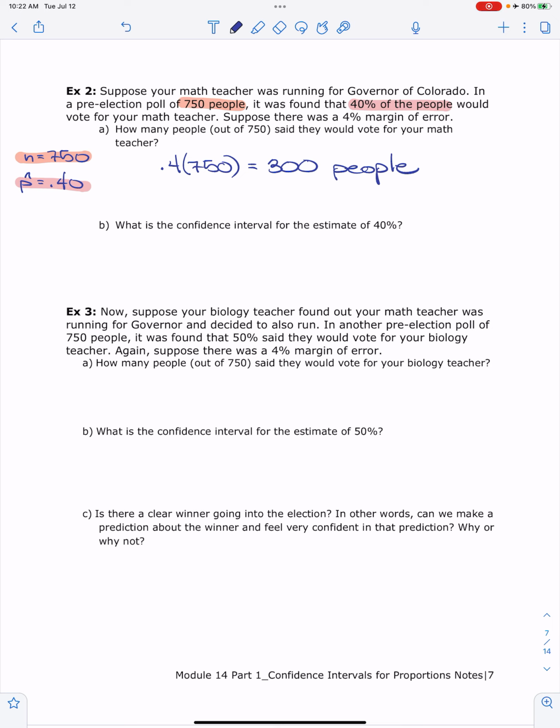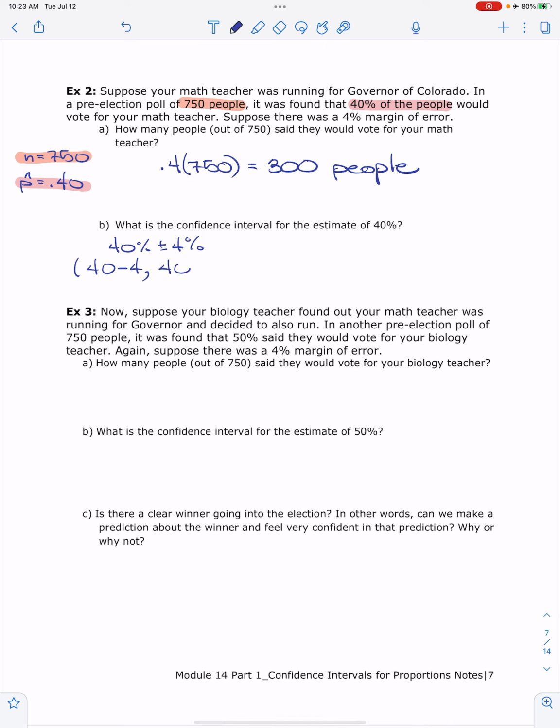I am going to do it both ways with the percent and the decimal, just so nothing seems unfamiliar if you see it differently later. So our confidence interval, my 40%, plus or minus 4%. We go 40 minus that 4 to get that lower bound.